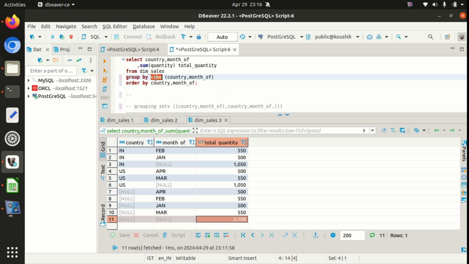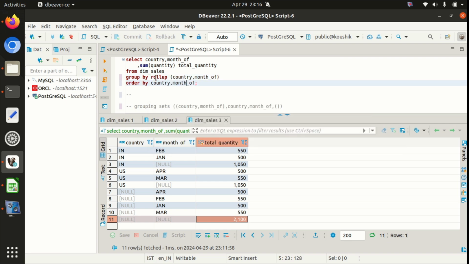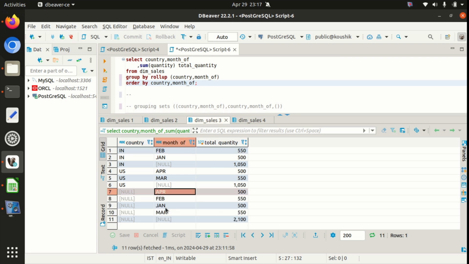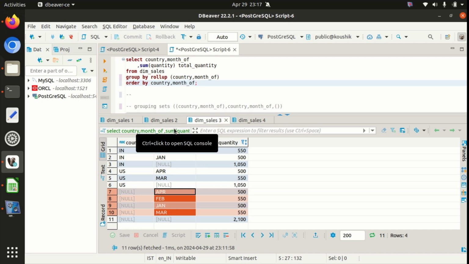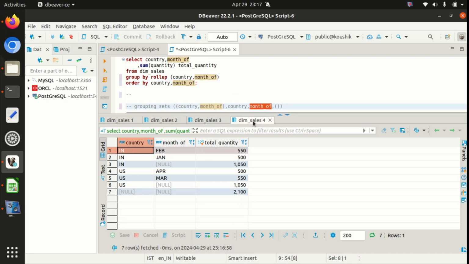Now when it comes to rollup, it's very simple. I'm just going to write rollup here, and notice a basic difference. The difference is these four columns, because cube was creating this group by month of, but since rollup doesn't break the order, it never creates any group by month of.